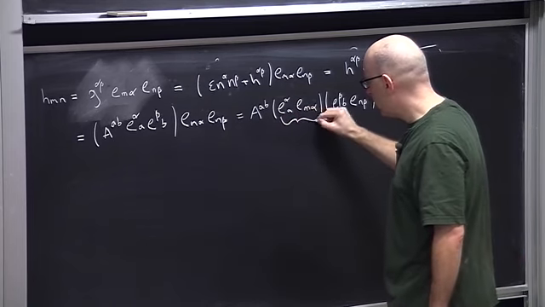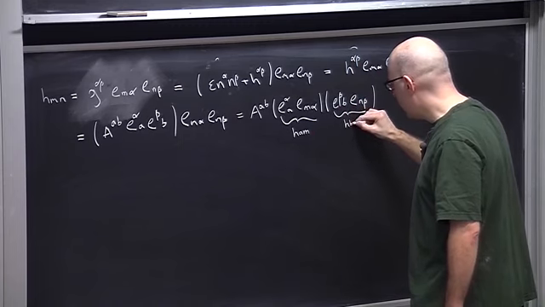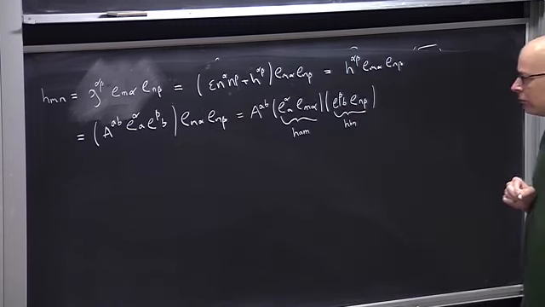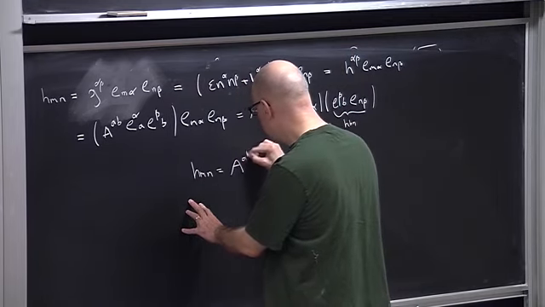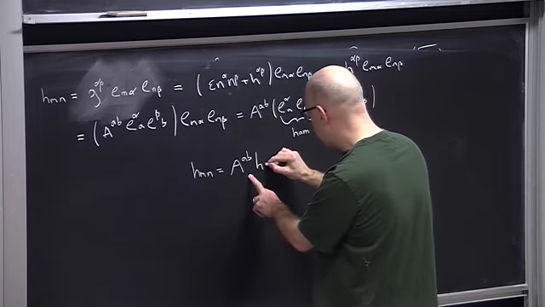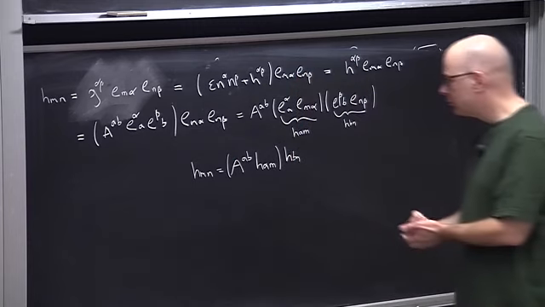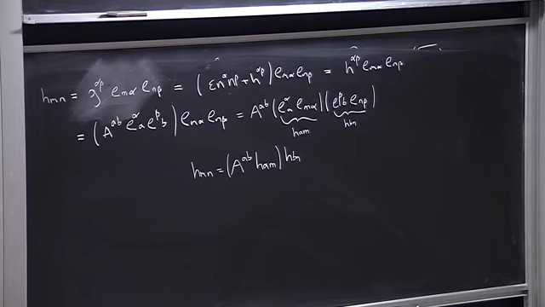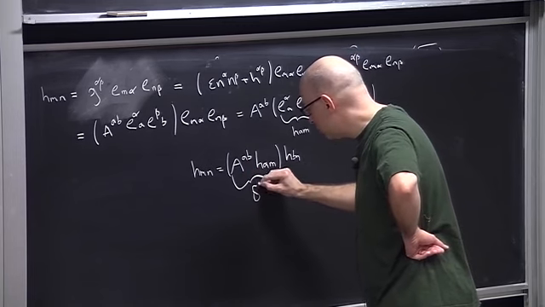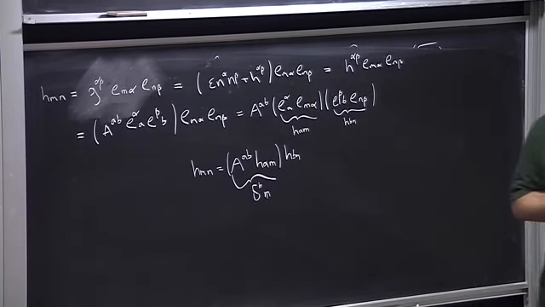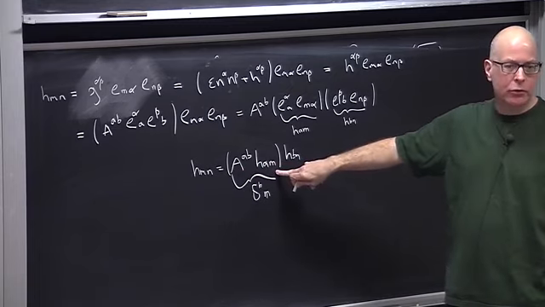So this, by definition, is h_{AM}, and this, by definition, is h_{BN}. So what do we have? We have the equation that h_{MN} is whatever that A^{AB} is, multiplying h_{AM} and multiplying h_{BN}. And in order for that to be consistent, that has to be equal to this. And that's the statement that A, whatever it was, has to be the inverse to h_{AB}.